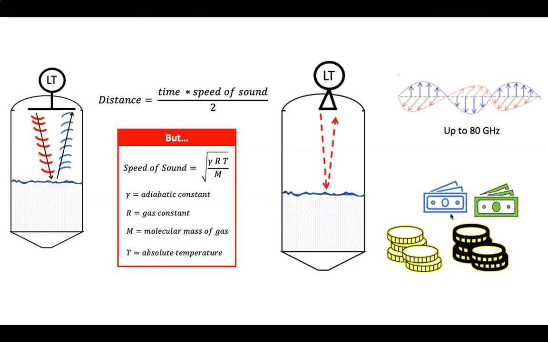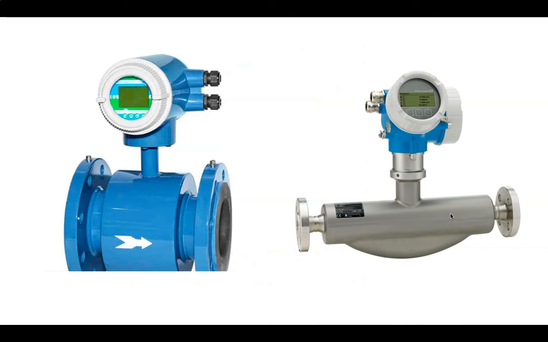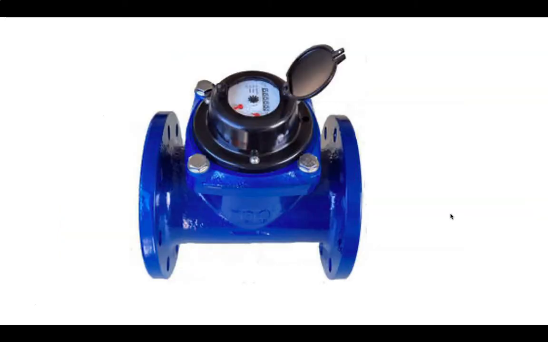For instance, certain companies will use a normal turbine flow meter when it comes to measuring water usage, but then they would invest in a Coriolis or a magnetic flow meter when they want to measure the product that they are going to sell or that they are packaging. So if you look at it that way, one of the disadvantages of a turbine flow meter is that the accuracy is not very good.